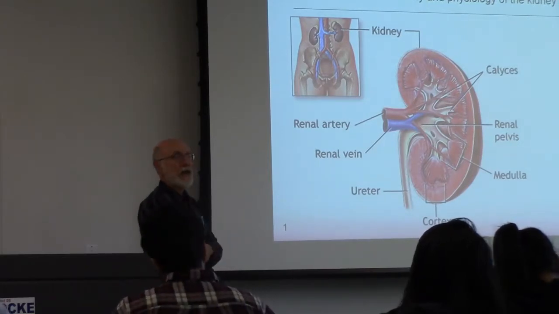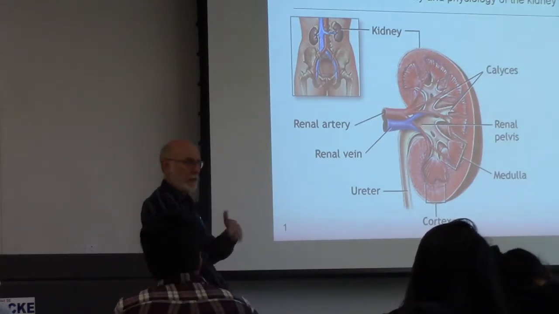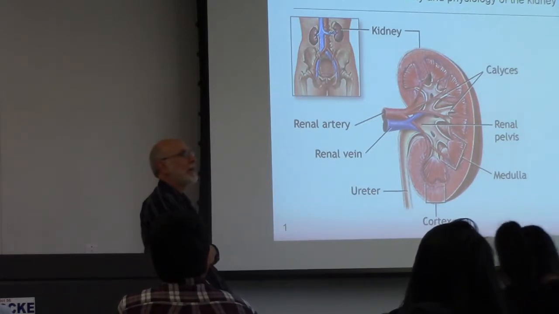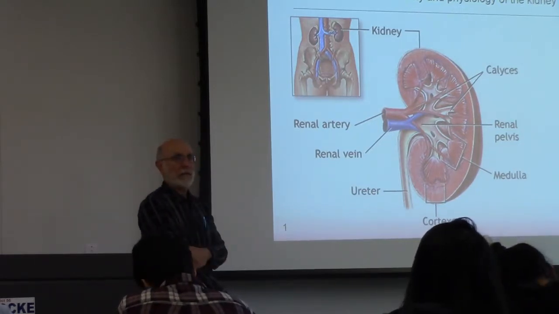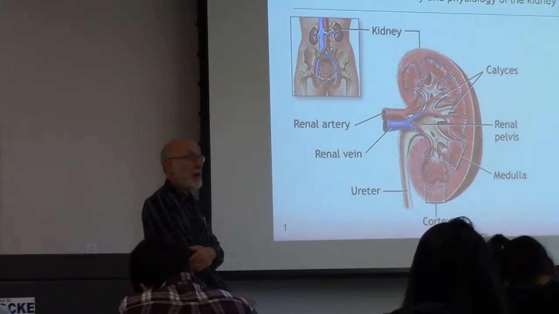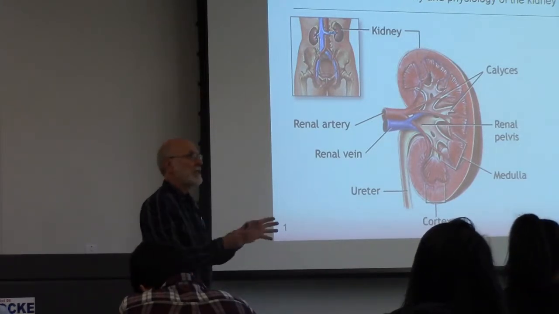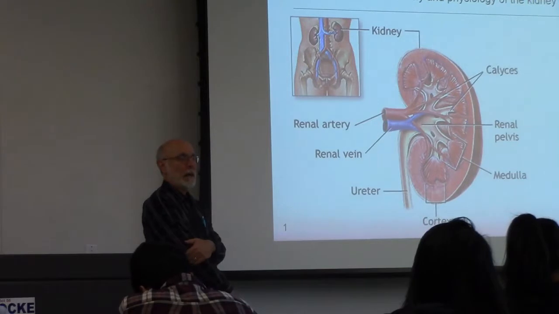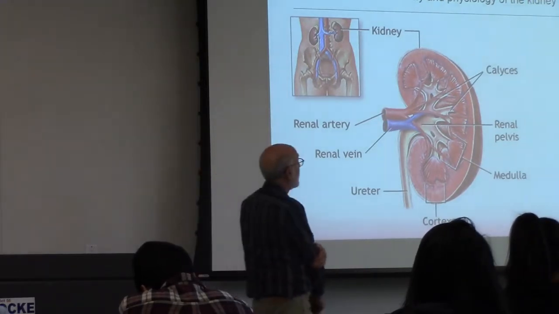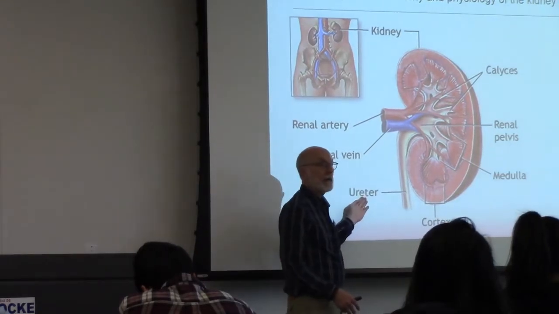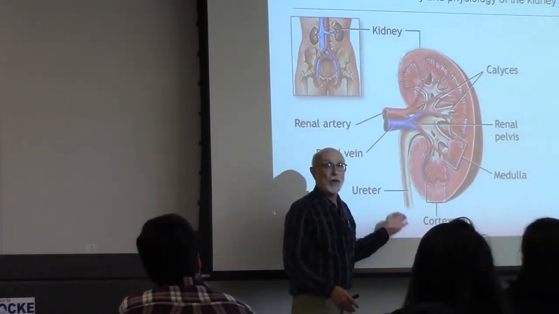And then the renal vein drains the blood that has been processed from the kidneys and goes into the inferior vena cava. So it's right off the abdominal aorta, kidneys, processing, and then right to the inferior vena cava. The urine that is collected comes out of a tube called the ureter.